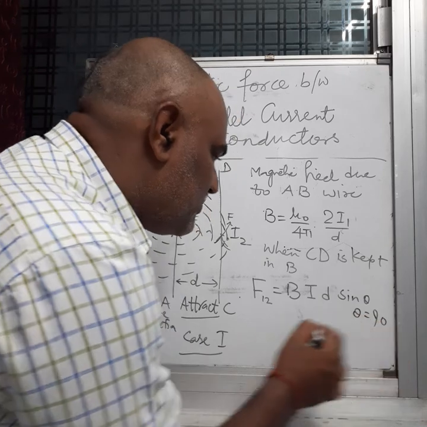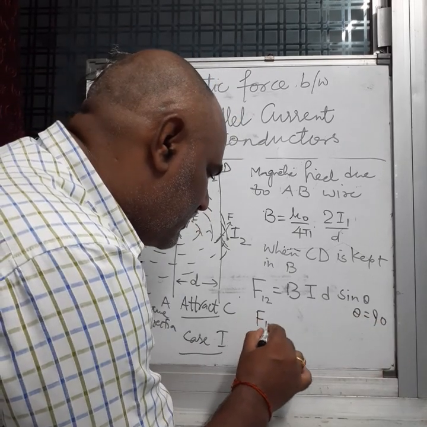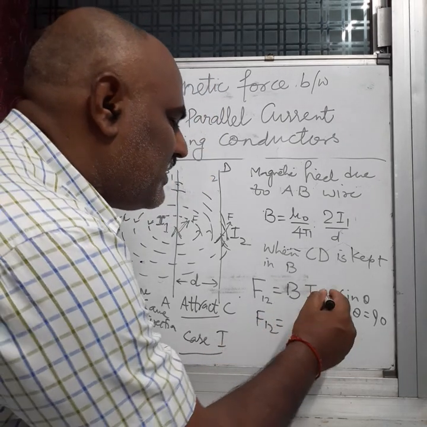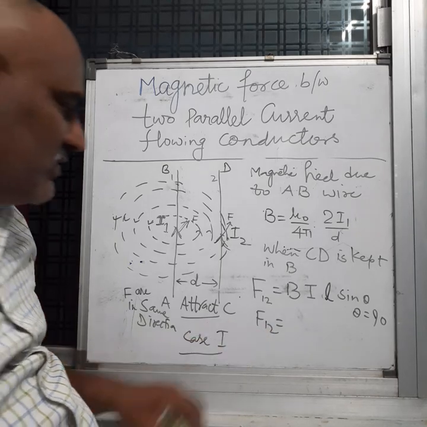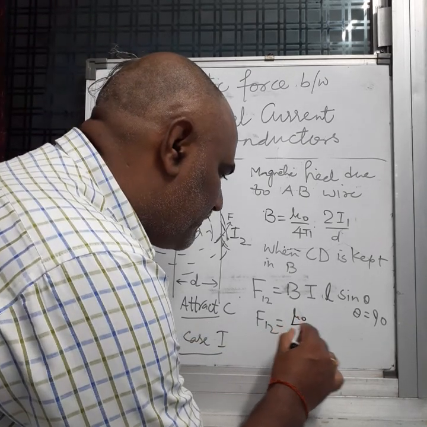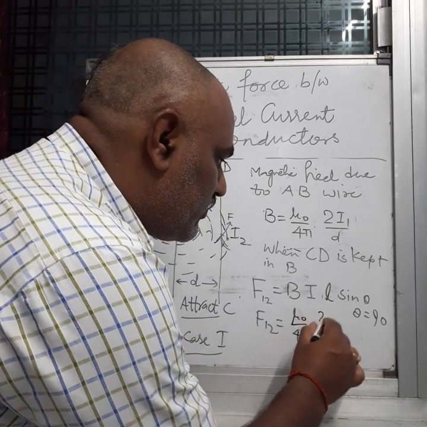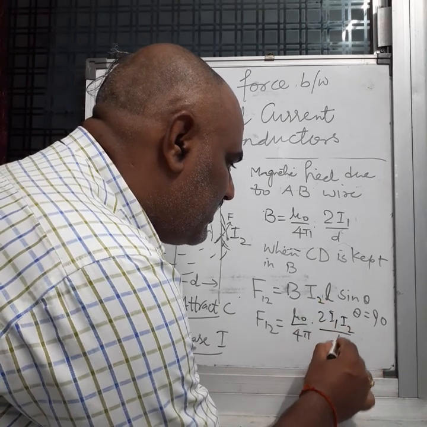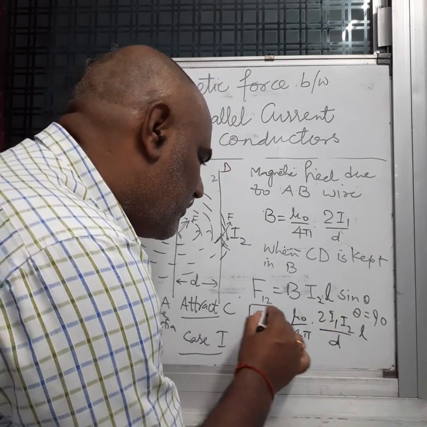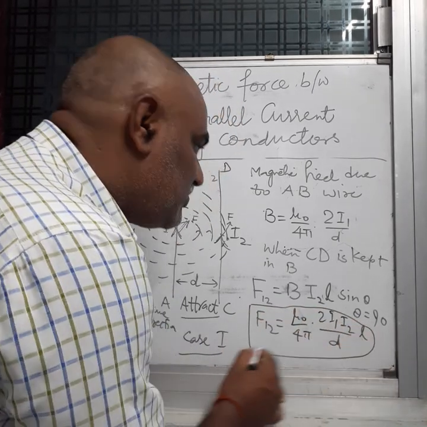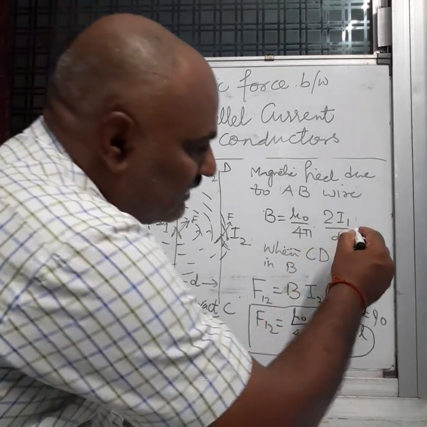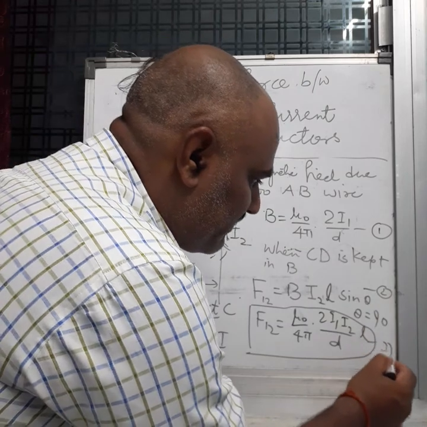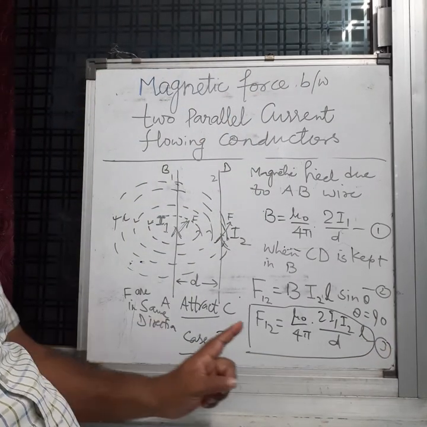Since theta is 90, sin 90 is 1. F12 is B, sorry, BIL sin theta, BIL. So put here the value of B, mu 0 upon 4 pi into 2I1 I2 upon D into L. So this is the force. Have patience, always have patience. Okay, this one is 2, this one is 3. Okay, now tell me, what is F12?